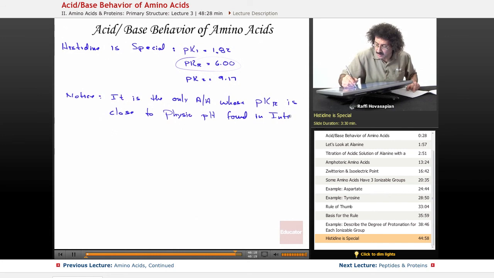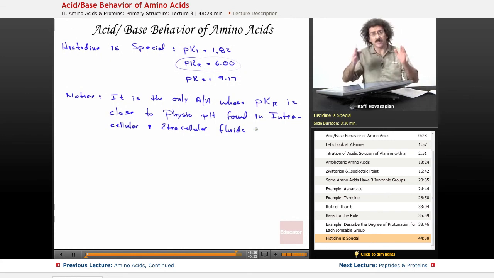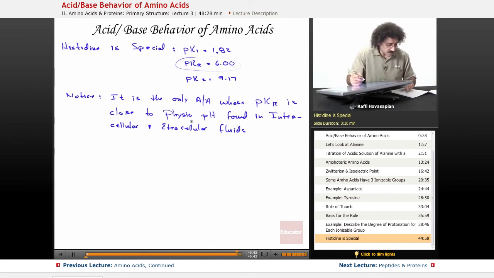Found in intracellular and extracellular fluids. So the fluid inside the cell, the fluid outside the cell, physiological pH. This is the only amino acid whose pKr is actually close to the physio pH.